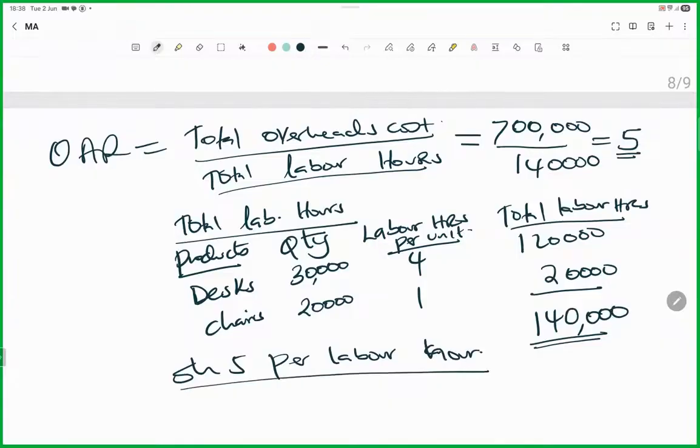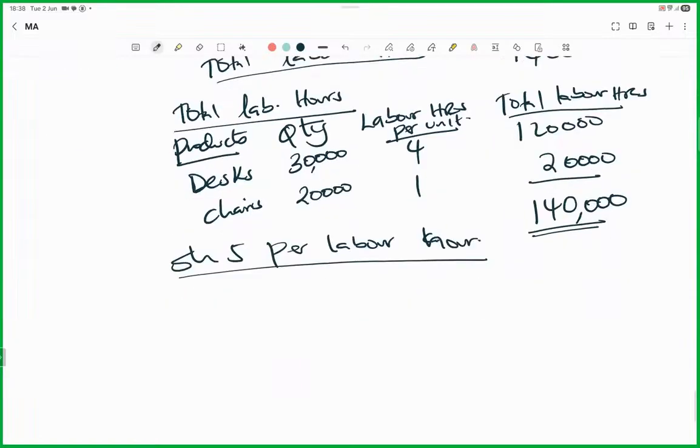So now from there, we can do valuation. We start with one product at a time. We start with valuation of the desk. So give us the cost per desk.